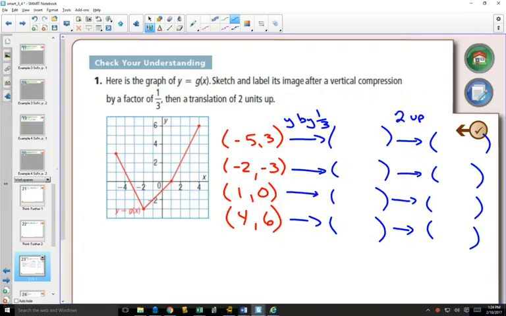We'll do that in our second set of arrows. So we're always doing stretches/compressions first, and then translations second.